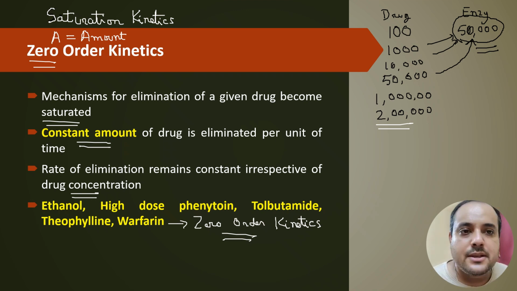But for these drugs, this saturation occurs at the clinically given doses only. That is why they follow zero order kinetics. In fact, most of the drugs do not follow absolute zero order kinetics, and one of the drugs that reaches that absolute value may be ethanol.